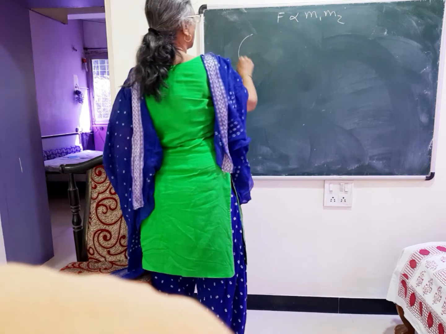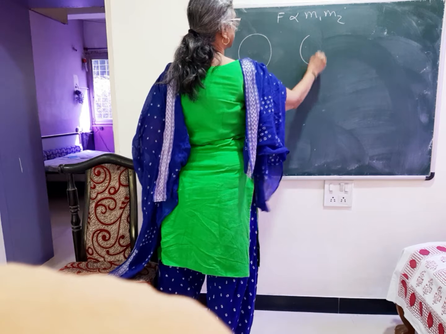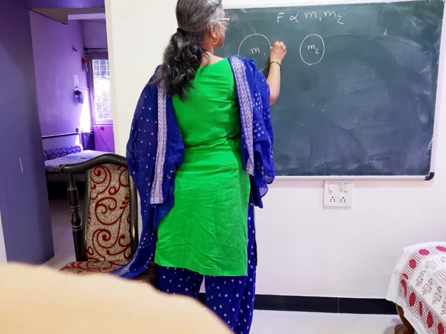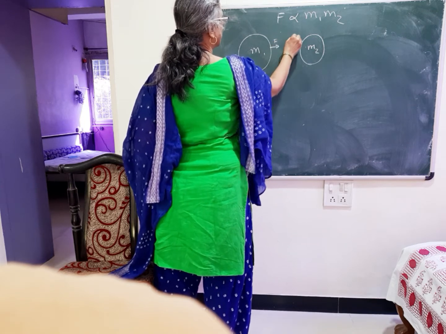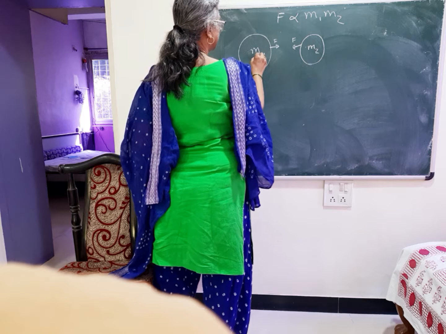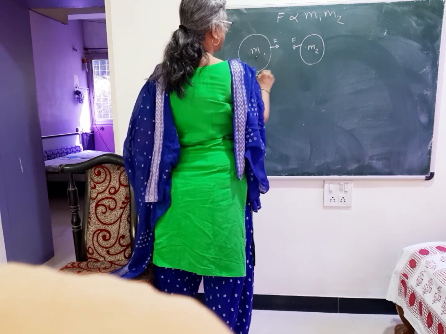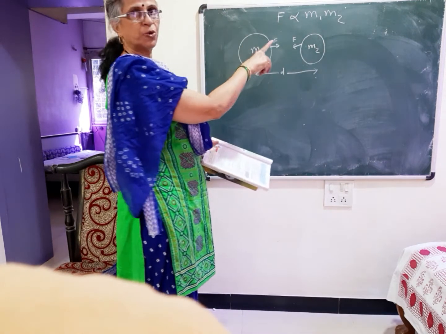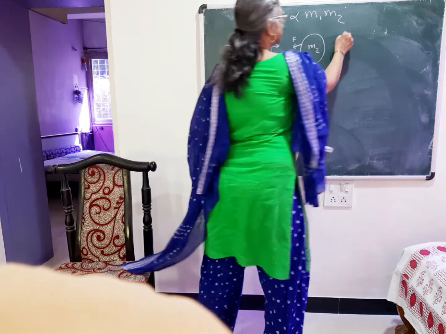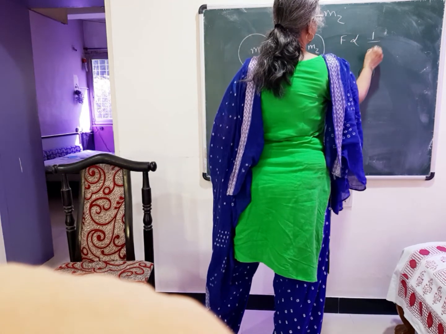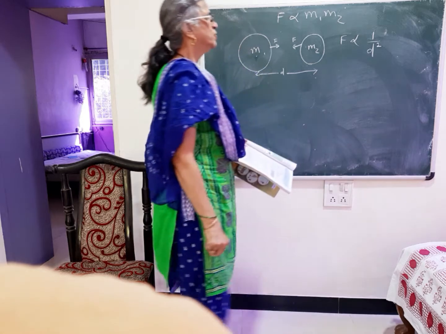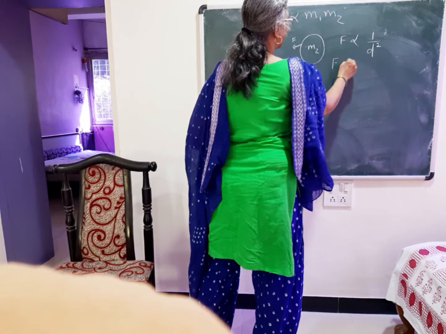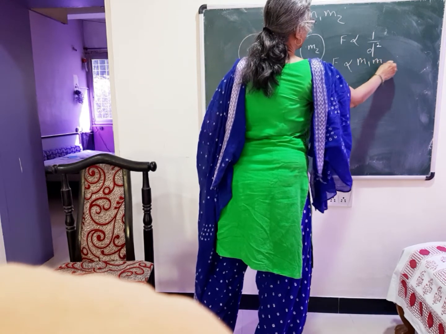If we have two spherical objects shown in your book, having masses M1 and M2, exerting force F on each other, and they are at a distance d from each other, then F is proportional to M1 M2, and F is inversely proportional to the square of the distance, that is F inversely proportional to d square. If we combine these two, F is proportional to M1 M2 upon d square.